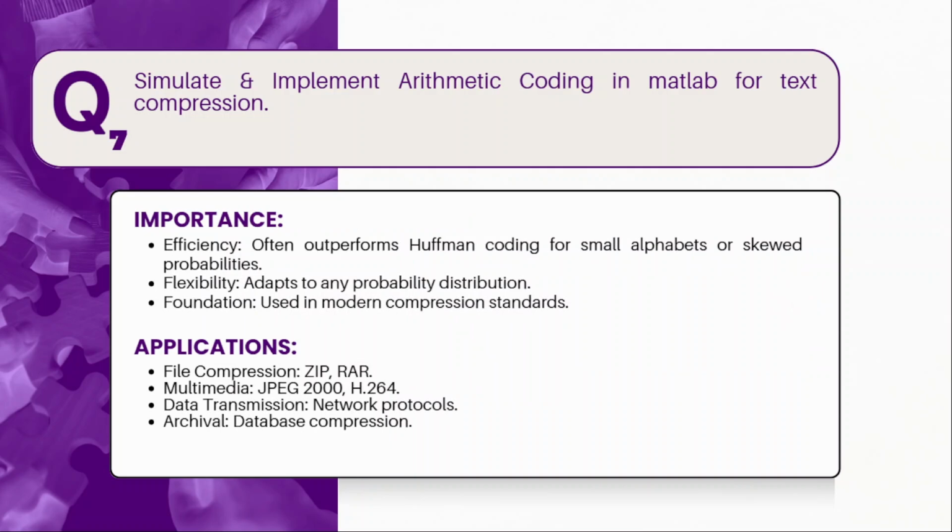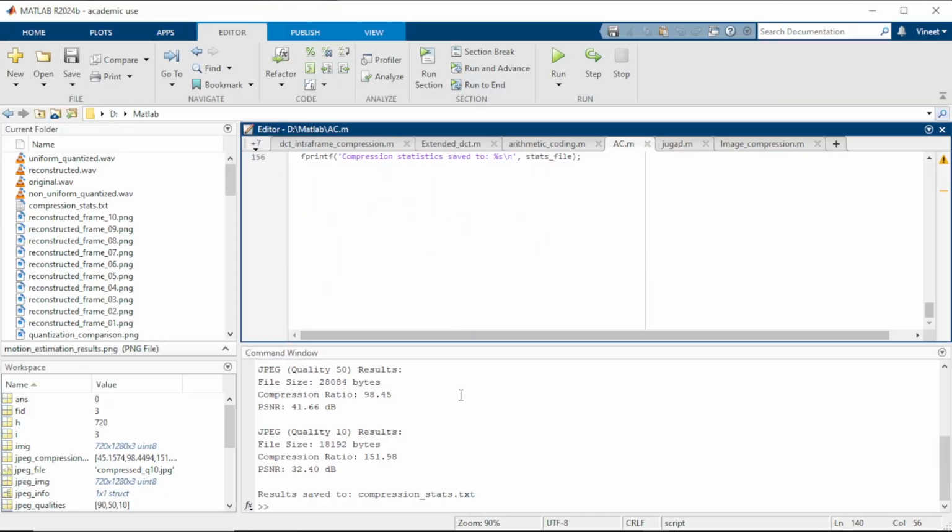Its importance is that it beats Huffman coding for small alphabets or skewed probabilities. Through arithmetic coding we can work with different probabilities on string files, so we can compress those also. It is used in multimedia such as JPEG 2000 and H.264, and in data transmission like network protocols.